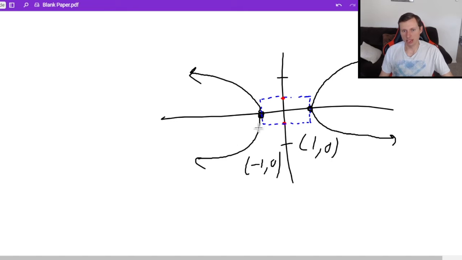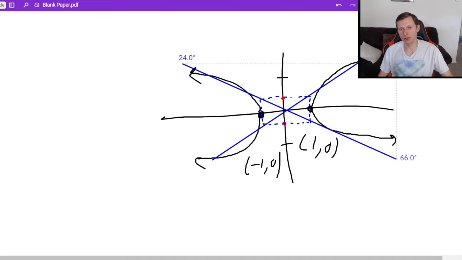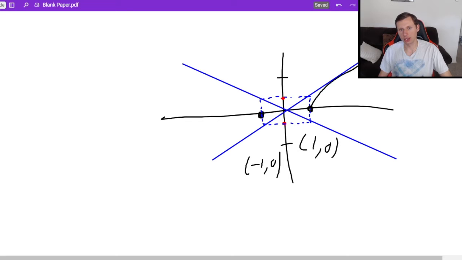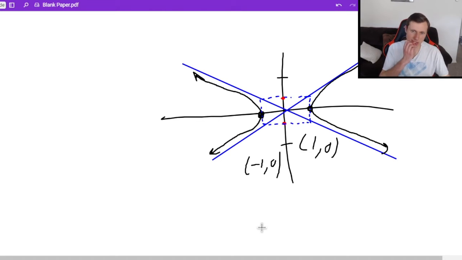I'm going to have a slant asymptote right about there through those 2 diagonals of the rectangle. And then I'm going to have another slant asymptote right there through the other 2 corners. Now you'll notice I didn't draw the best hyperbola because I'm crossing my asymptotes. That's not good. So let me erase my lines and draw it better. So the hyperbola is really going to look like this. Great. So there's my hyperbola.